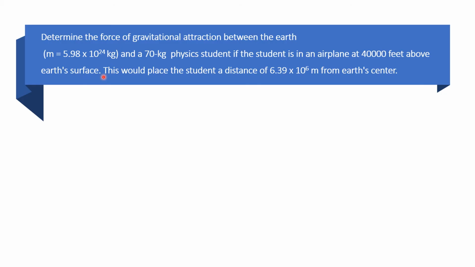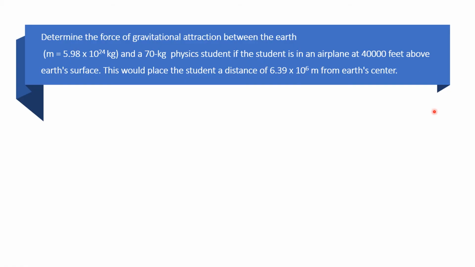So, nasa taas siya ng Earth's surface, nasa loob siya ng eroplano, no, ang taas nun is 40,000 feet. That 40,000 feet would tell us that the student's distance from the Earth is equivalent to 6.39 times 10 raised to 6 meters. So, naka-scientific notation kasi masyado nang mataas yung value in meter nung layo ng student and yung surface ng Earth.